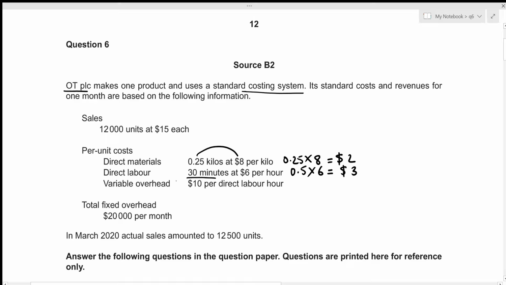So this variable overhead is actually dependent on the total direct labor hour. Then we're also given our total fixed overhead to be 20,000 per month, and we're told that in March 2020 actual sales amounted to 12,500. So all this information is actually budgeted, which is the standard costing system. It is actually a budget that we prepare in order to make the manufacture process viable.